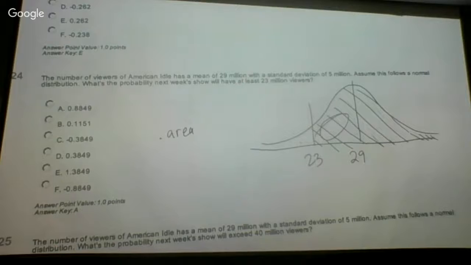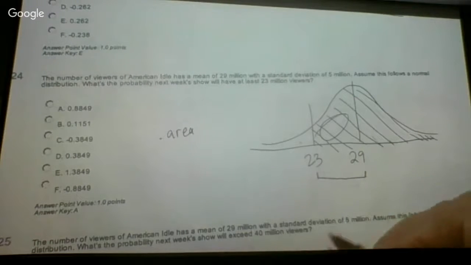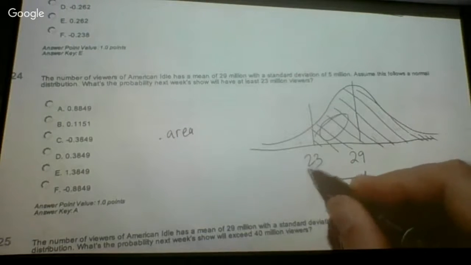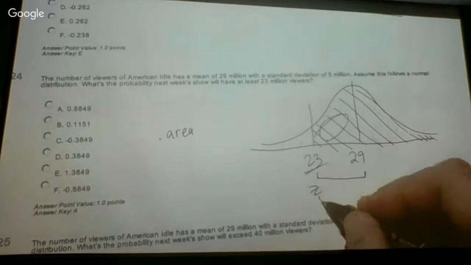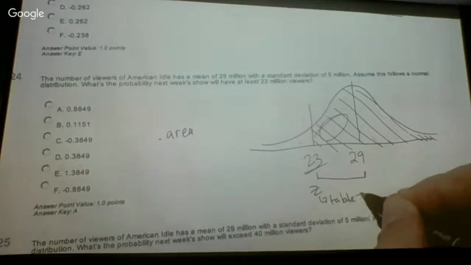You'll add the z-score area between 23 and 29, and then add 0.5 because the rest of it is past the median. So I'm going to have a z-score here, and I'm going to take that to the table, and that's going to give me an area.